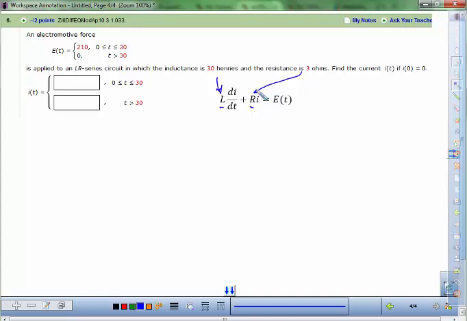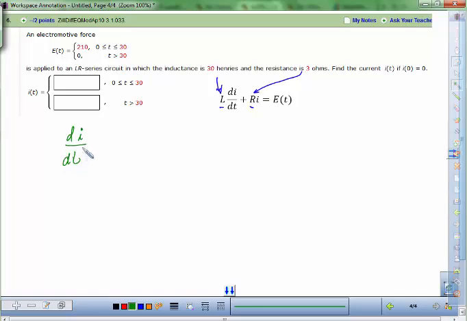And so all we have to do is have a different E for the different domains. So we'll do this differential equation problem twice, and your function is I. It's I of t.